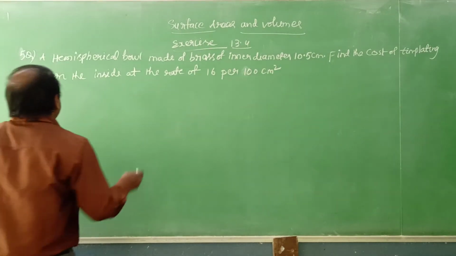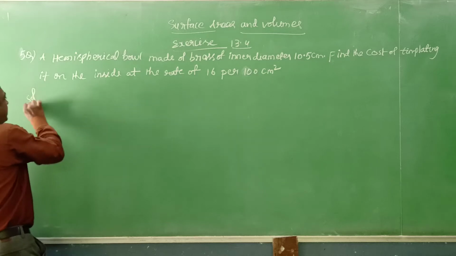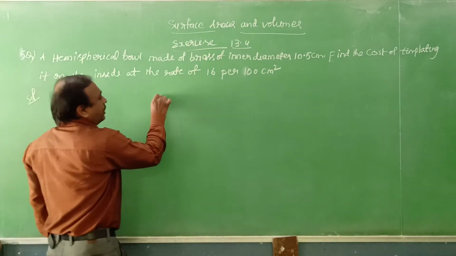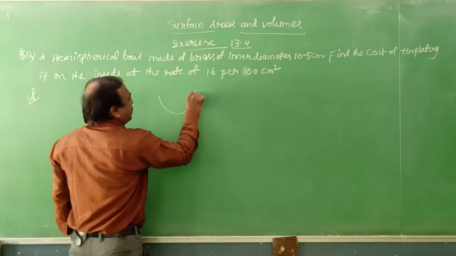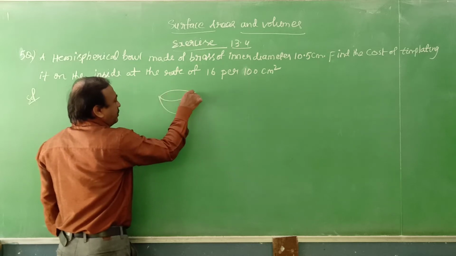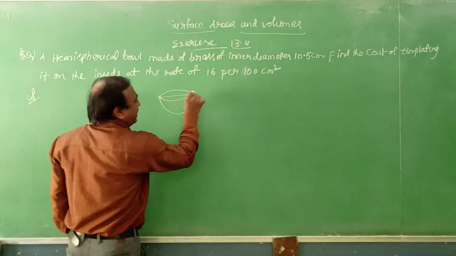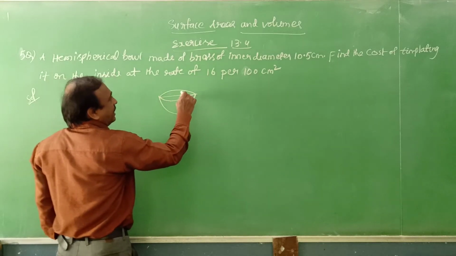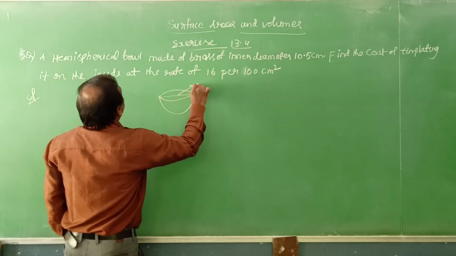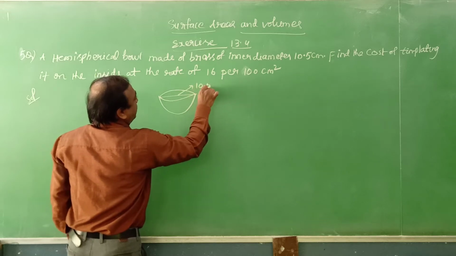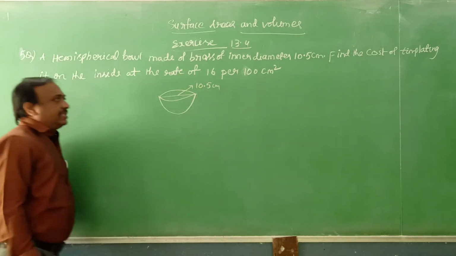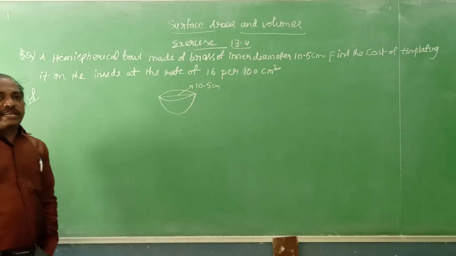So there is a hemispherical ball. Look at this, this is the hemispherical ball. In this, the diameter is given. This is the diameter. How much is it? 10.5 centimeter.